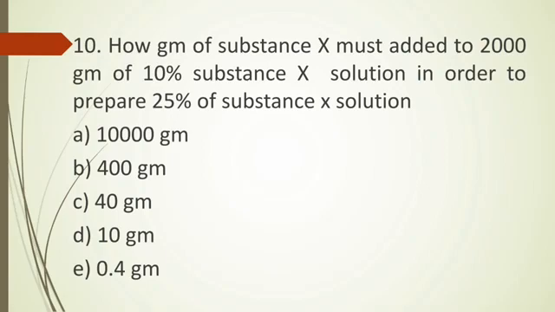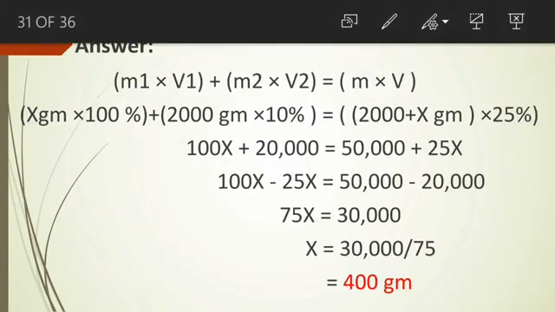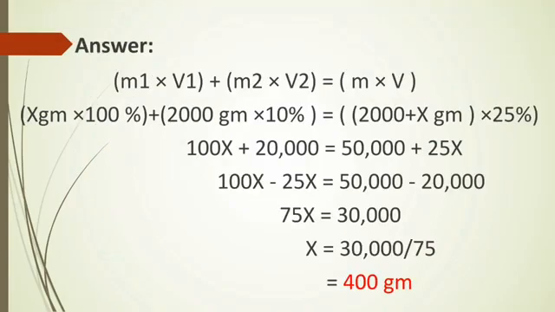So here we have to use one equation: M1V1 plus M2V2 is equal to M into V. M1 is the quantity of drug in the first solution, and V1 is the percentage of drug in it.